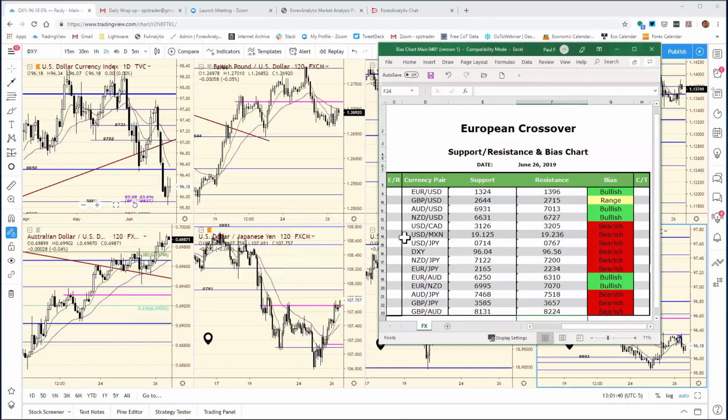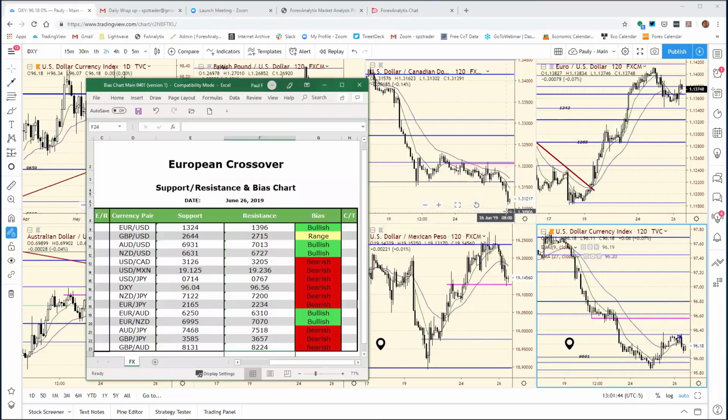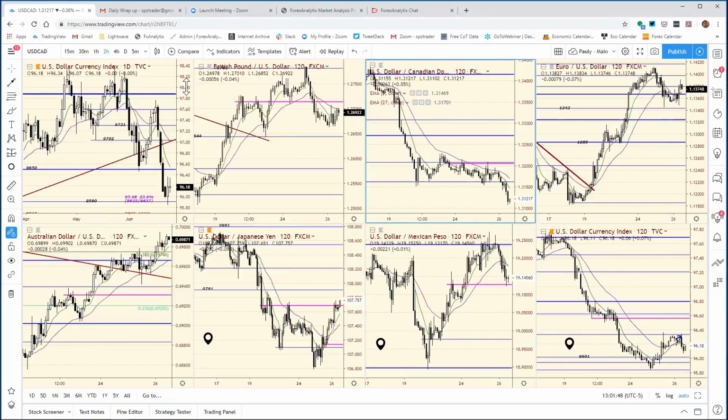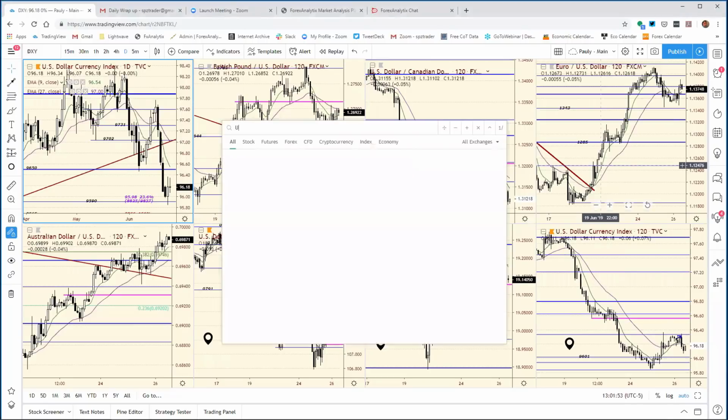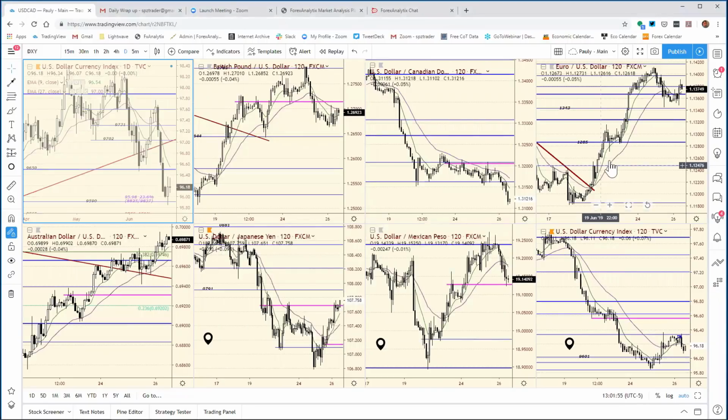Actually, the dollar CAD, we had 31.26. We did dip just into the single digits. We're now at 31.22. If you follow us, and once again, same thing with our basic technical analysis, we'll go to the dollar CAD because that's been the one big mover for today.